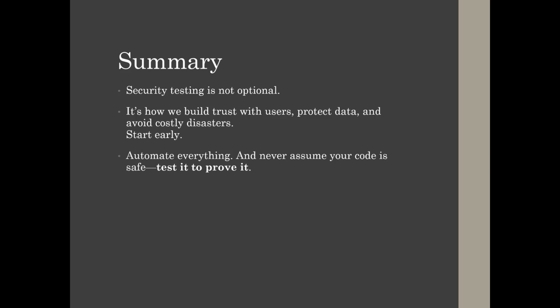Users are getting these data breach notifications and hearing about these things in the news and getting these apology emails all the time, and it damages your brand and your customer trust. So protecting data, avoiding costly disasters, it all comes down to starting early and automating everything. We should never assume our code is safe. We have to test it to prove it.